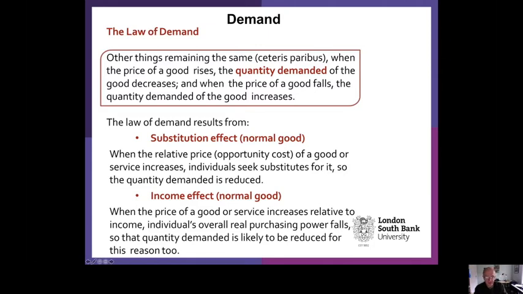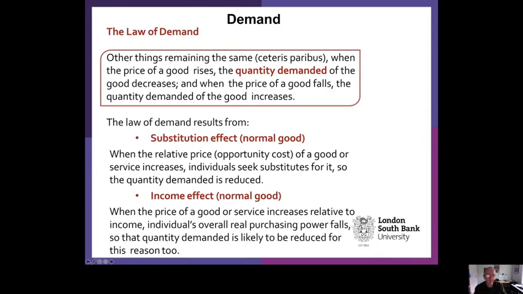The first is the substitution effect, and that's what you would have thought about in any case. It's just saying when something becomes relatively more expensive, you tend to move away from it towards something that has now become relatively cheaper. So the substitution effect is just the idea that if something becomes relatively more expensive, we tend to buy less of it. We tend to move away from that towards something that's now become relatively cheaper. Okay, so that's what that is.